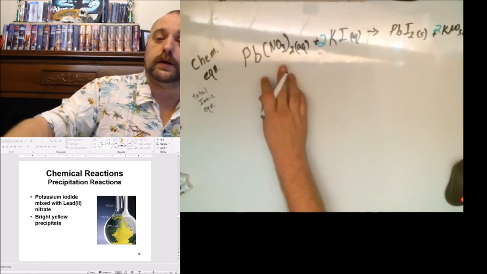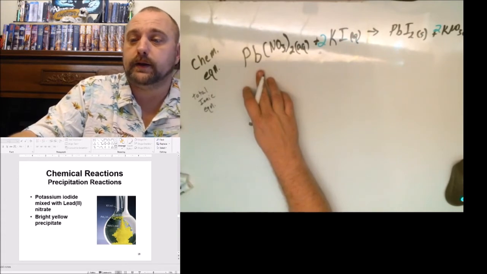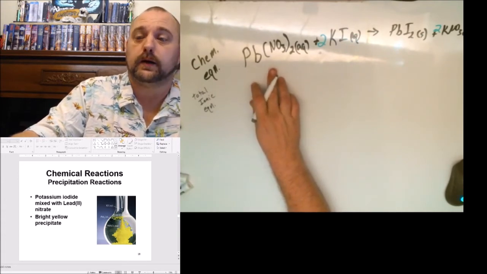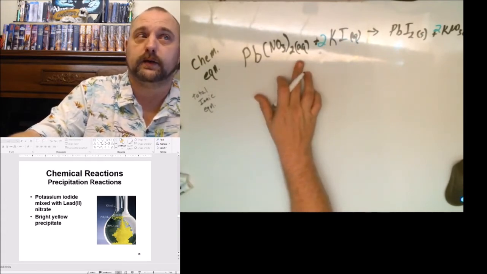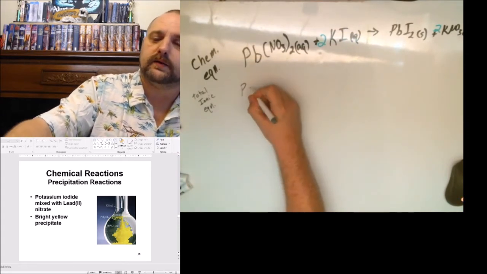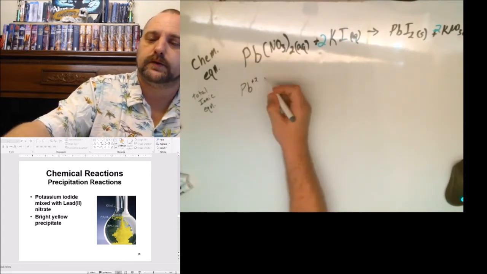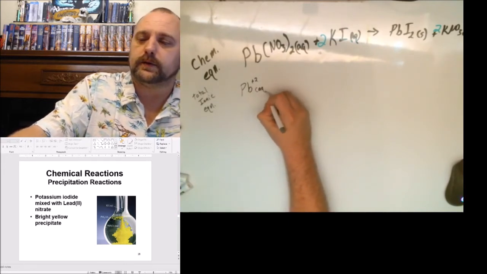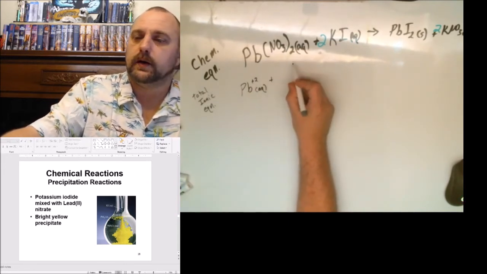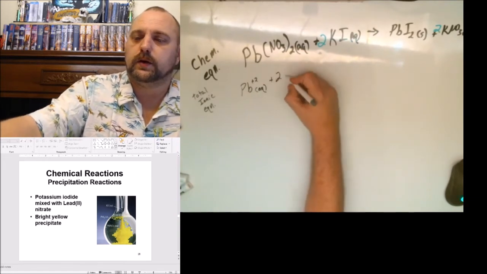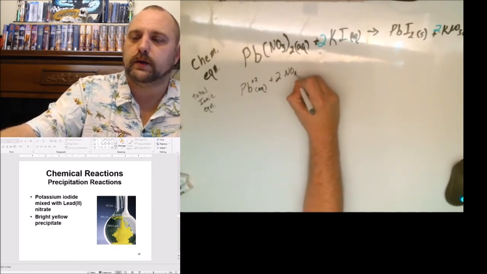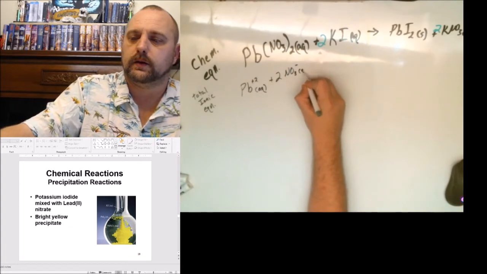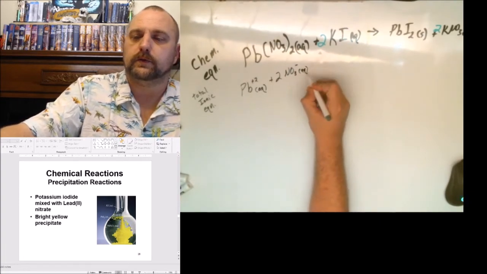That's all it is. So I've got my lead nitrate. It's ionic. It's soluble in water. I can tell by the aq. So that dissociates into the lead plus 2. And if the total thing is soluble, the pieces are soluble. Now notice I'll get 2 nitrates, each one floats around on its own.